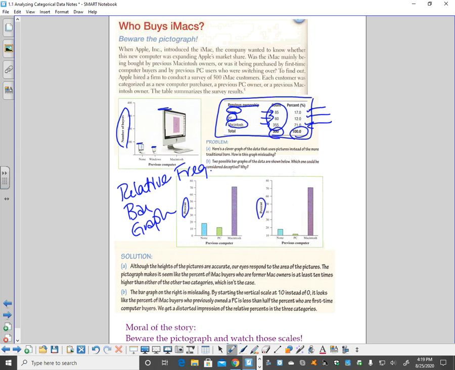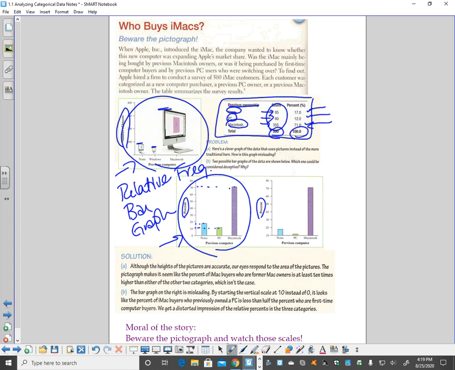So I've got Mac up there at 71%. I've got none right there at about 17%. That's about right. And that's at about 12%. Yeah, that looks solid. They're the same width. Absolutely. So now compare this to this. This still gets the point across, but this definitely overemphasizes it.